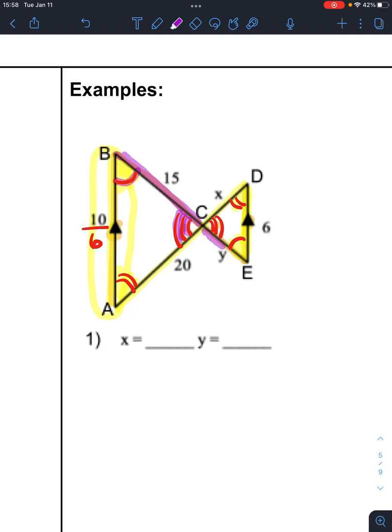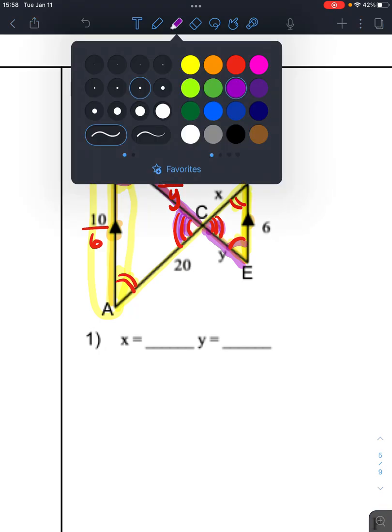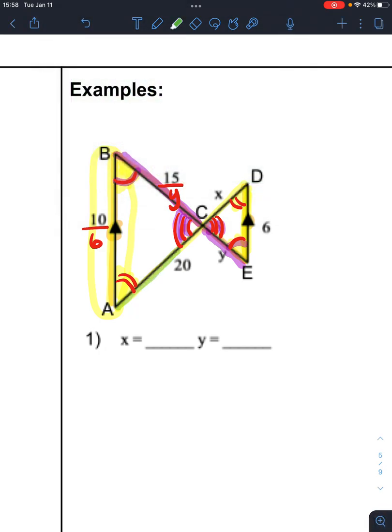So we want to go find the piece that matches it. Well, that's Y. It has 1 mark and 3 marks on its ends. So 15 is going to match with Y, which then leaves our 20, which has 2 and 3 on either end, to match with X, which has 2 and 3 on either end. And so that gives me all of my ratios so that I can set up my proportions.